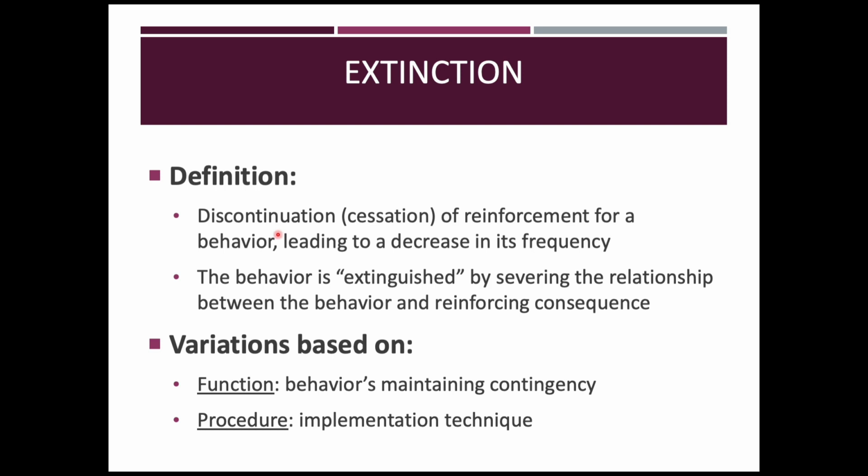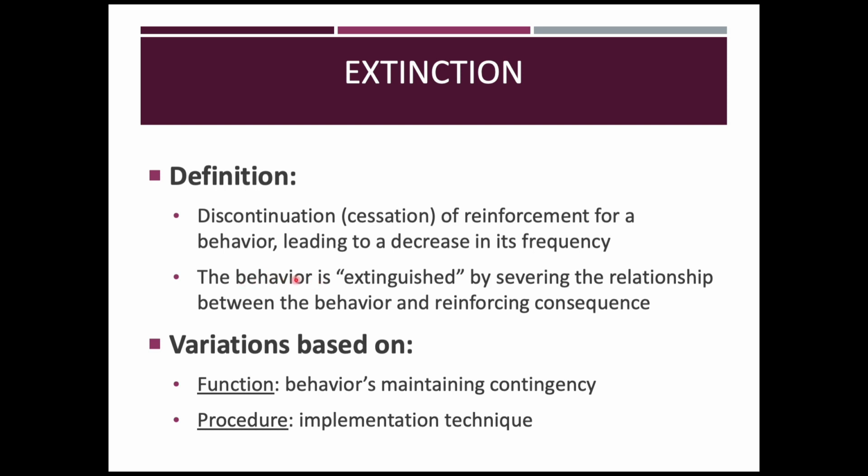So when we do this, there will be a result. When we withhold the reinforcement for a problem behavior, there will be a result. There's a probability that there could be a couple different results, and we'll talk about those. But the most desirable would be that the behavior decreases.